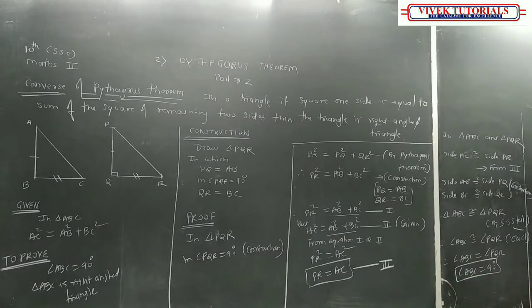Correct it is? Have you understood this? Because PQR is 90 degree. Since angle PQR is equal to 90 degree, and once it is 90 degree, I can say that triangle ABC is a right angled triangle.